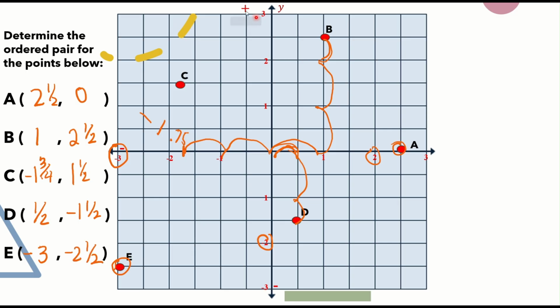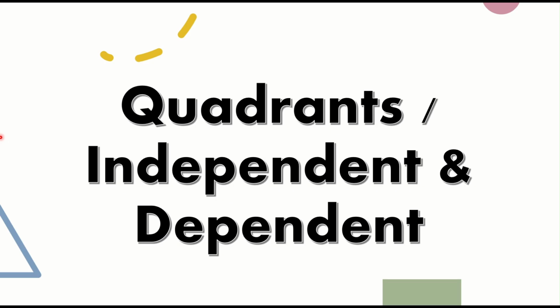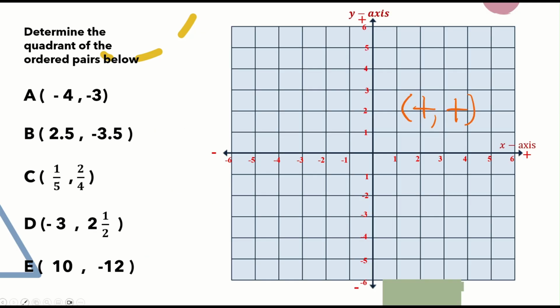Let's move on. The last thing we're going to talk about is quadrants and being able to identify the independent and dependent values. Okay, before we look at the practice to the side, let's quickly refresh on what each quadrant is and where it's located. So we know quadrant 1 is positive, positive.